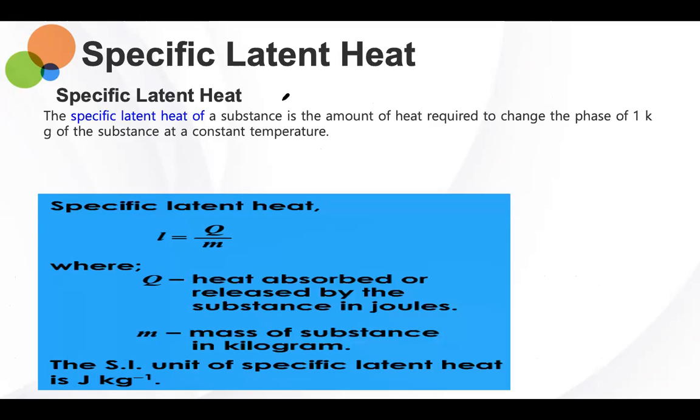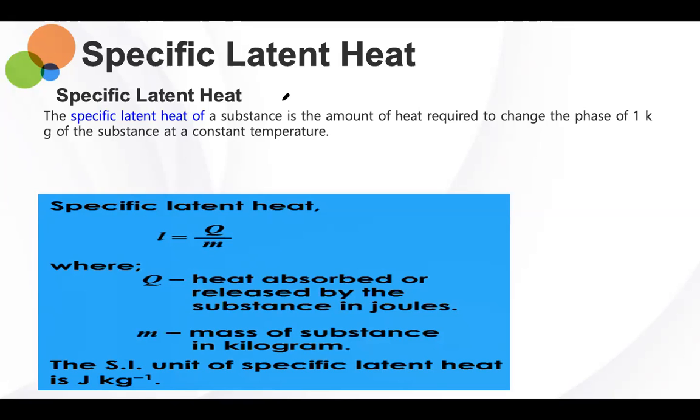So the specific latent heat, right? Remember specific heat capacity and heat capacity. What was the difference? Mass, sir. Right, mass. Could you help me with a definition for heat capacity?